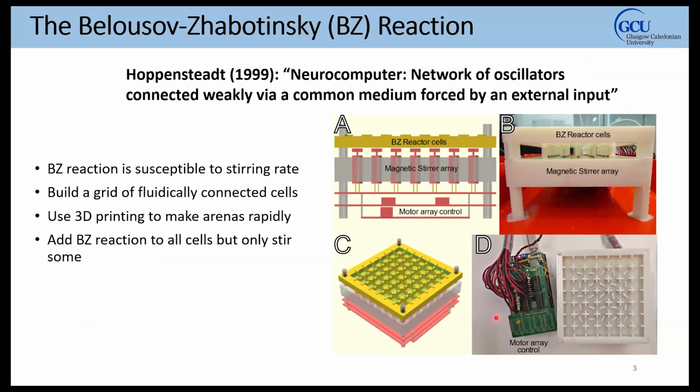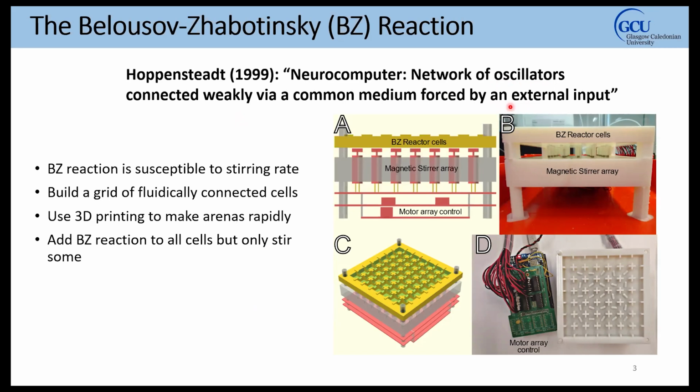One of the starting points of our research was this sentence from 1999 by Hoppensteadt, which says that a neurocomputer is a network of oscillators that are connected weakly via a common medium, forced by an external input. In our case, the oscillators are the BZ chemistry I was just explaining, which moves between two states, and the external input is going to be magnetic stirrers that we put in the chemistry.